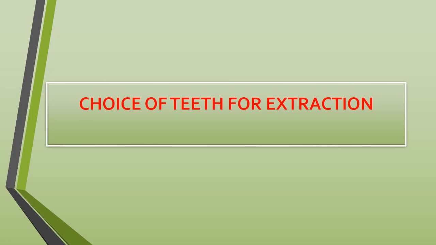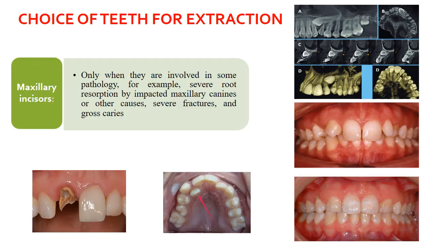Now the other subject is the choice of teeth for extraction. Let us start with the maxillary incisors. Usually they are rarely indicated for extraction in orthodontics because they are aesthetically very important, as they are the most prominent teeth in the dental arch.